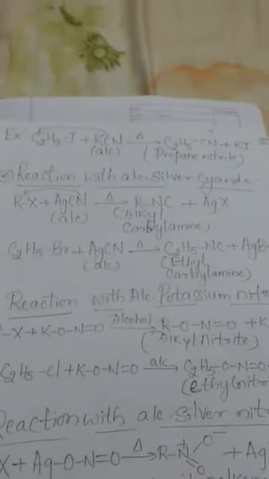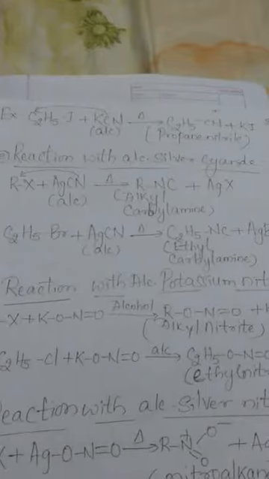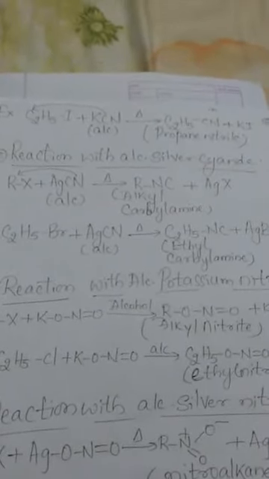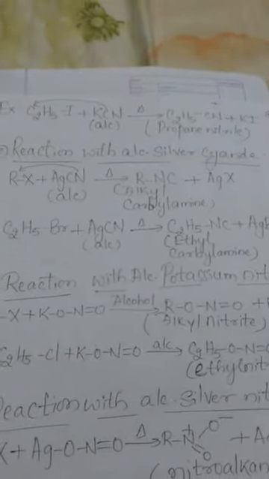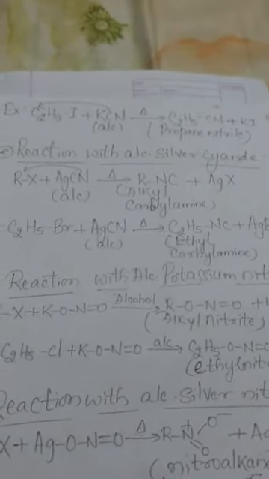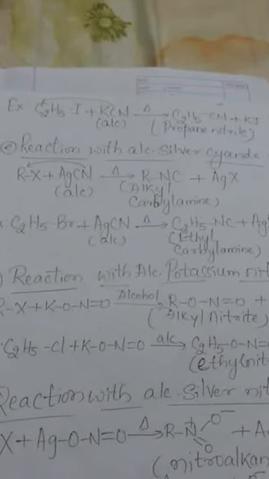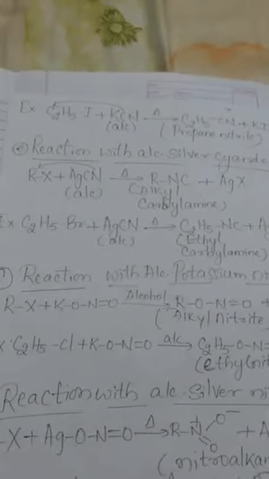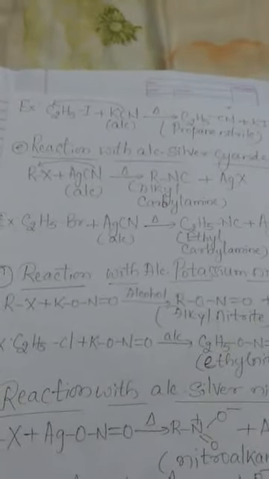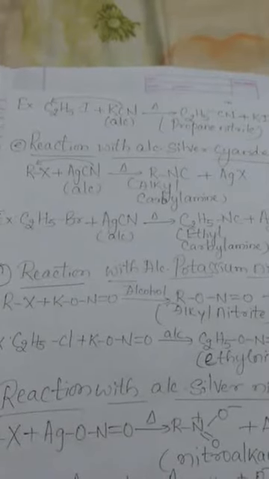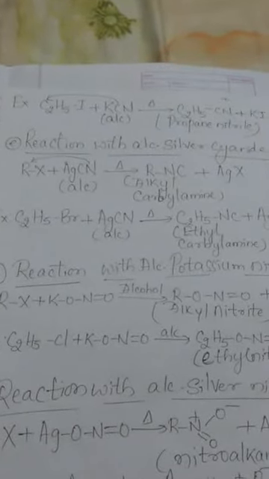The next nucleophilic substitution reaction is reaction with alcoholic silver cyanide, AgCN. Now if you look at the previous reaction and compare it with this reaction, CN nucleophile is present in both cases, but here the nitrogen of the CN group forms a bond with the alkyl group, so that the corresponding products formed are called isocyanides, alkyl isocyanides.